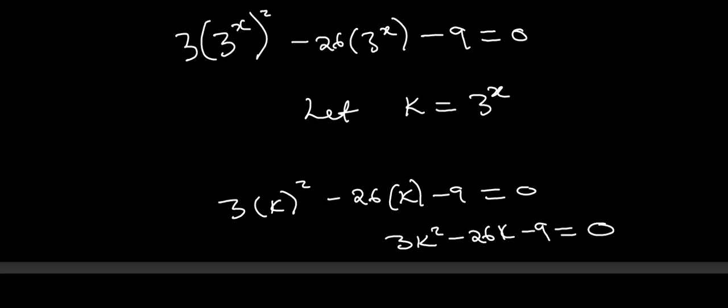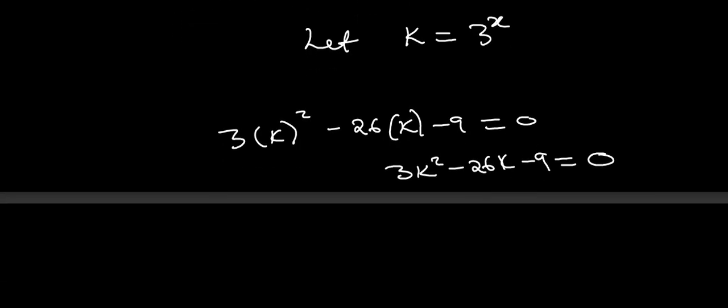So we have replaced our 3 to the power x by k. This is where we have formed the quadratic: 3k squared minus 26k minus 9 is equal to 0.